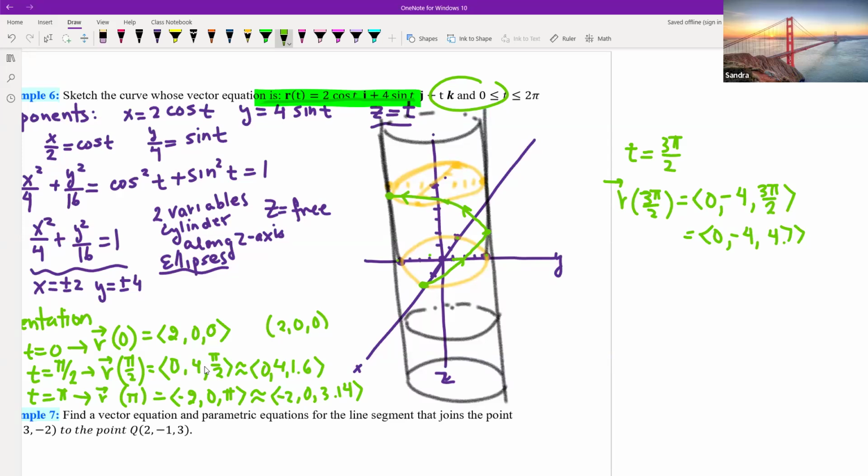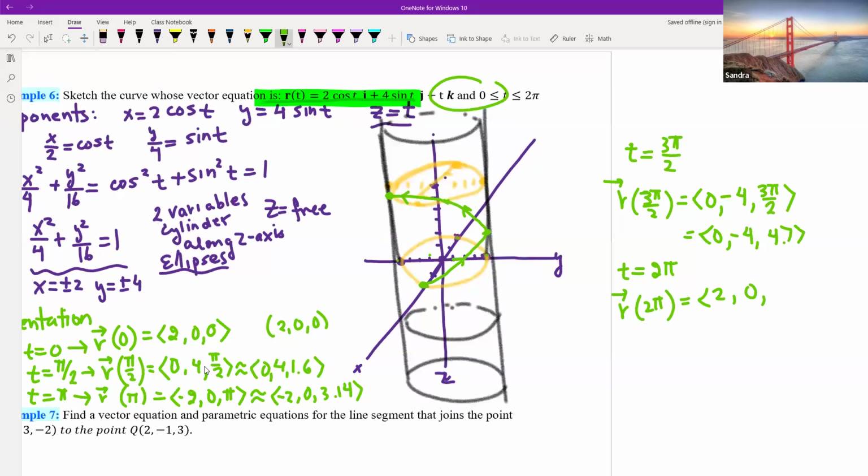Okay, let's go ahead and do the last one. Let's do t equals 2 pi. And so when you plug it in, cosine of 2 pi is 1, so that will give me a 2. Sine of 2 pi is 0.